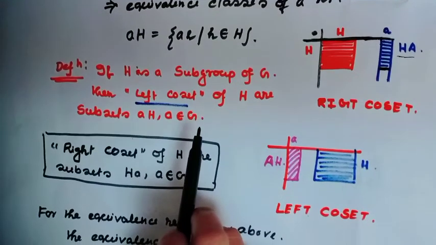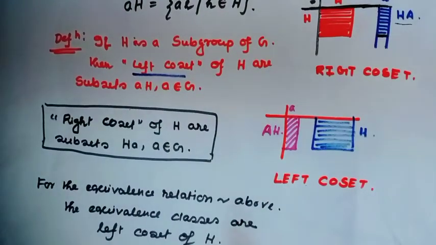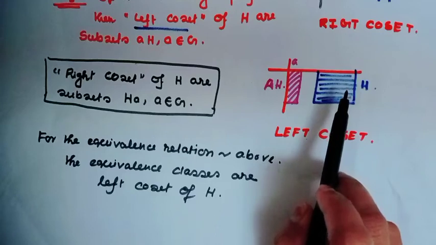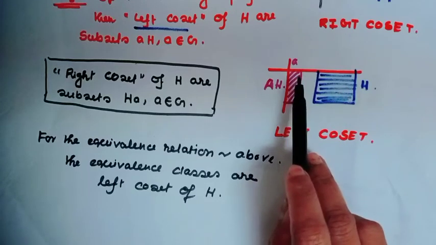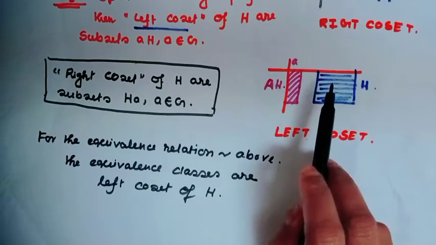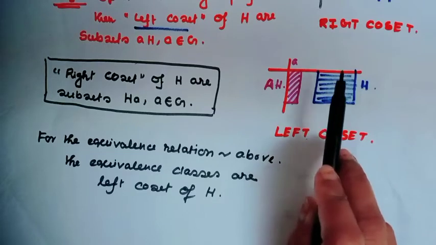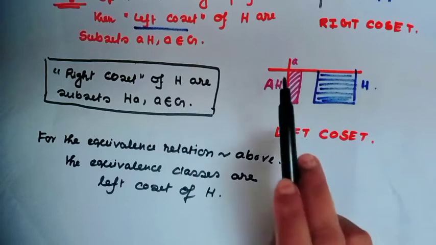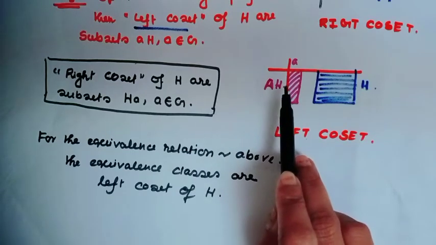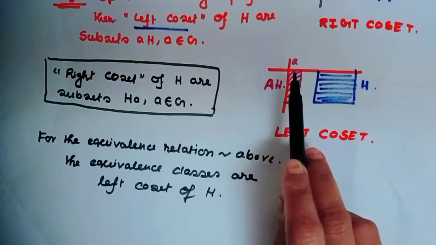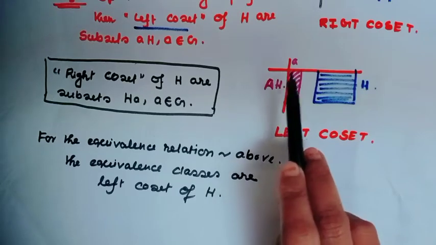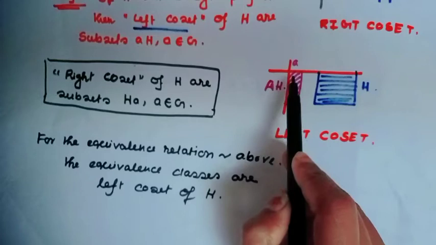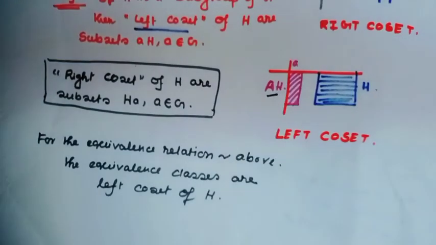Are you getting what the left coset is? This is a subgroup S, and this is the element a. Then for all the elements of the subgroup S, we left multiply by the element a, and we get a whole bunch of left cosets aS.